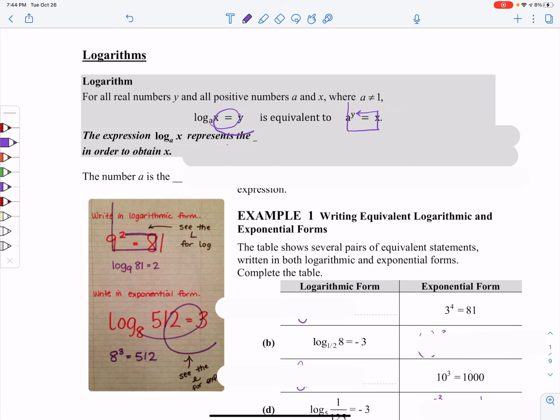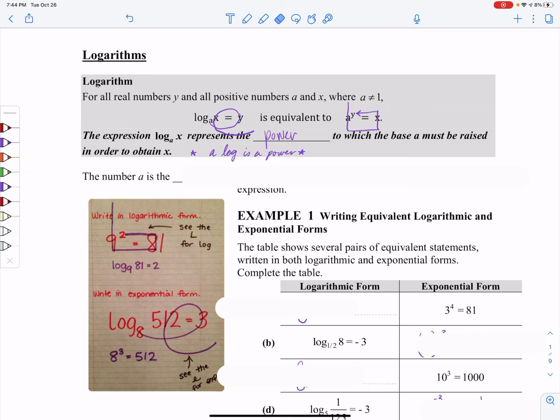The expression log base a of x is going to represent the power to which base a has to be raised in order to obtain x. A shorter way to say the same thing is that essentially a log is a power. A log is a power.